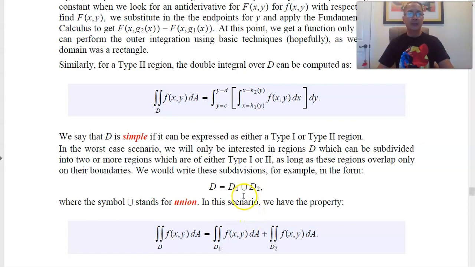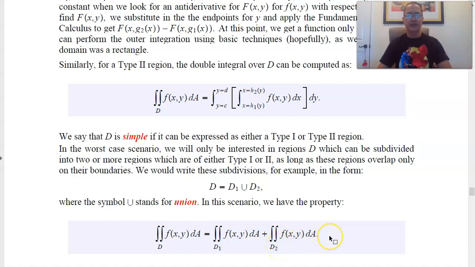When this happens, we have one more property added to the other 2 properties, which are still valid in this general scenario, where the double integral of our function over the whole domain is the sum of the integral of the function over D1 and the integral of the function over D2.